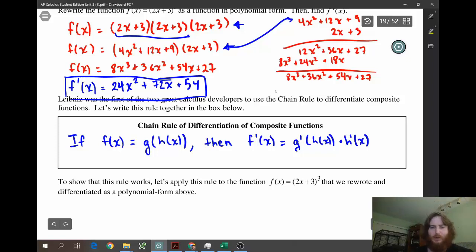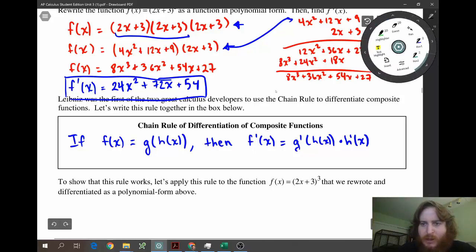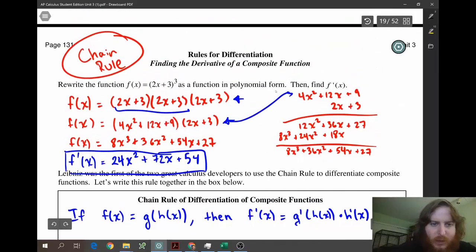Okay, it's a little bit tricky, but what we really need to understand is this word composite functions, or composition. Composite functions are essentially any function that has an inside term and an outside term. So up here, f of x essentially is 2x plus 3 cubed.